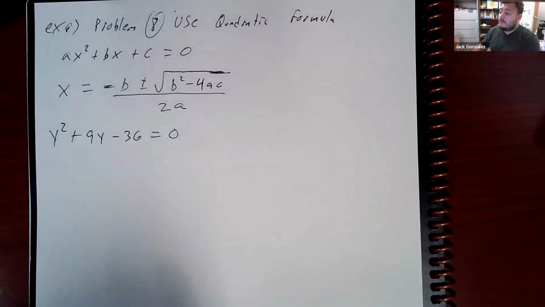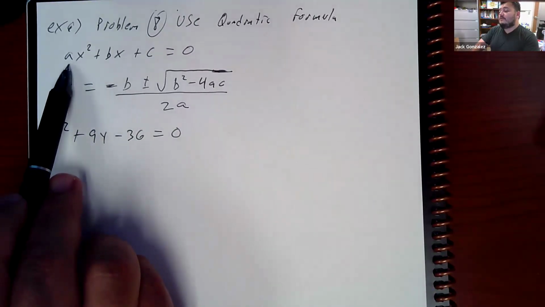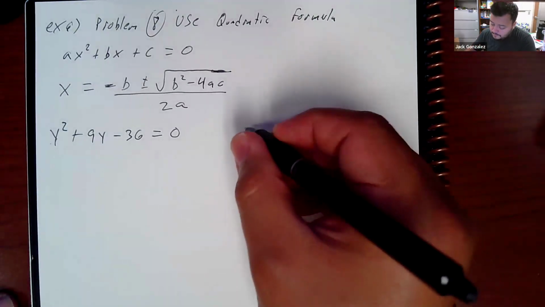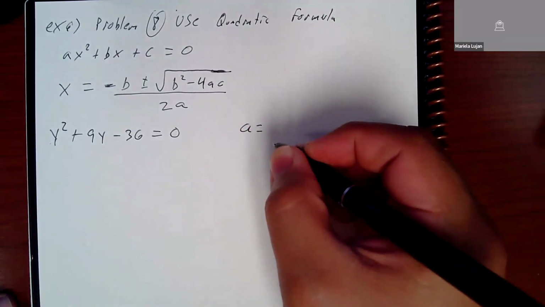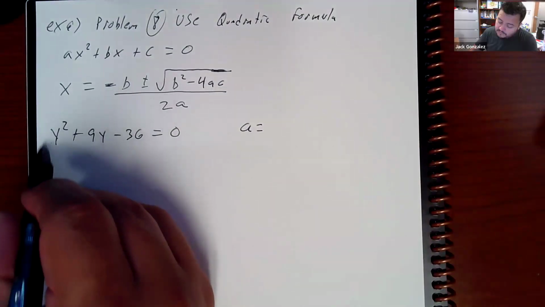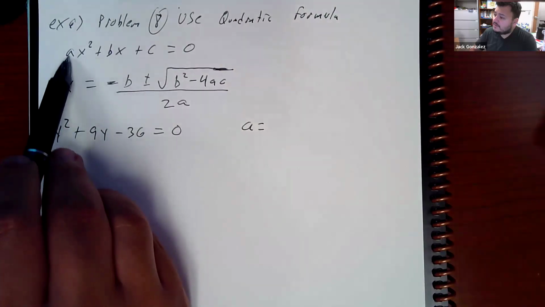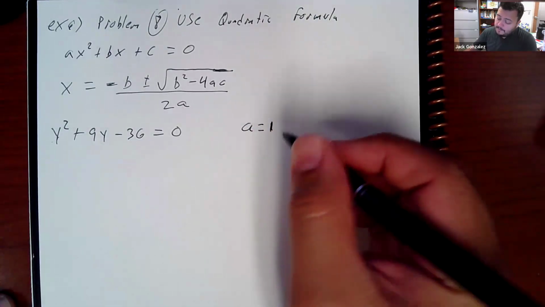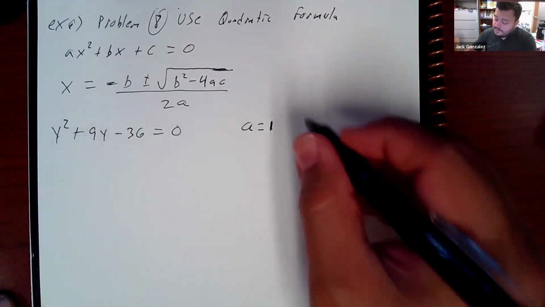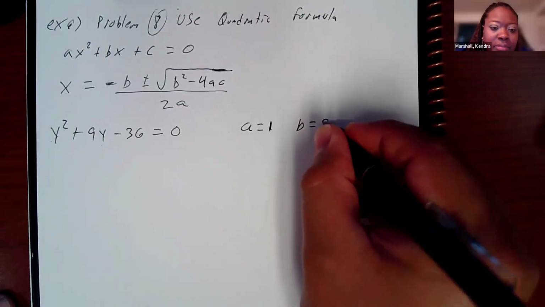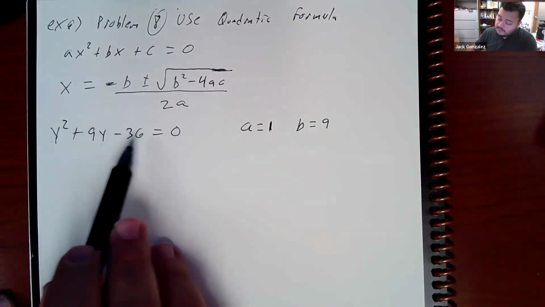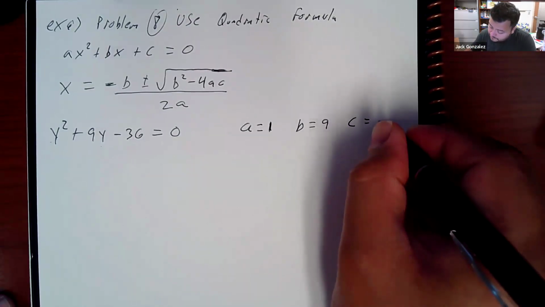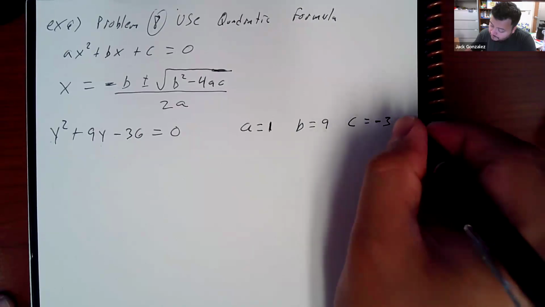All right, so A is the number on the x squared. Do you see any number here? It's gonna be y squared. And there's no number in front, right? Like this one has a number. This is just an A. If there's no number, you say 1. What's the number in front of the y? 9. That's the B. And then the number, the constant, is right there, right?